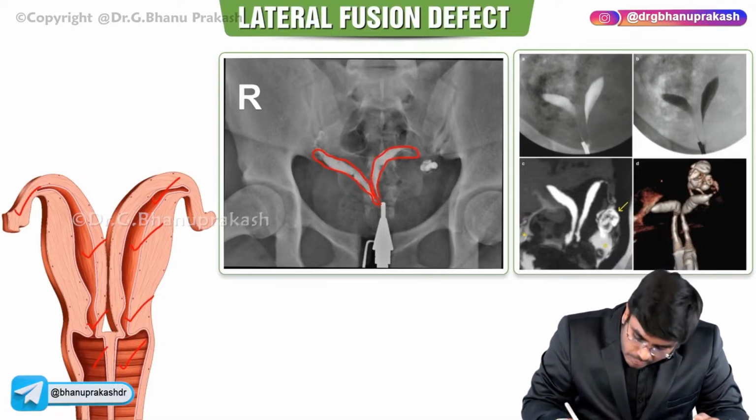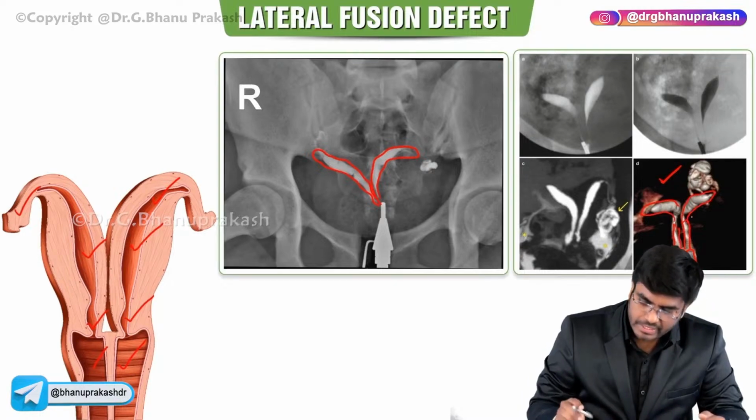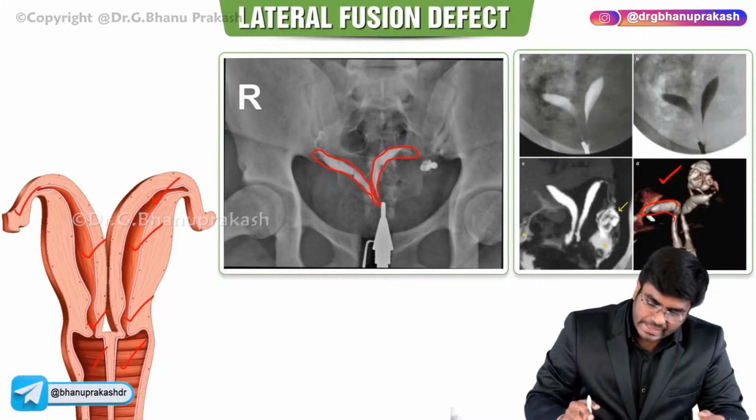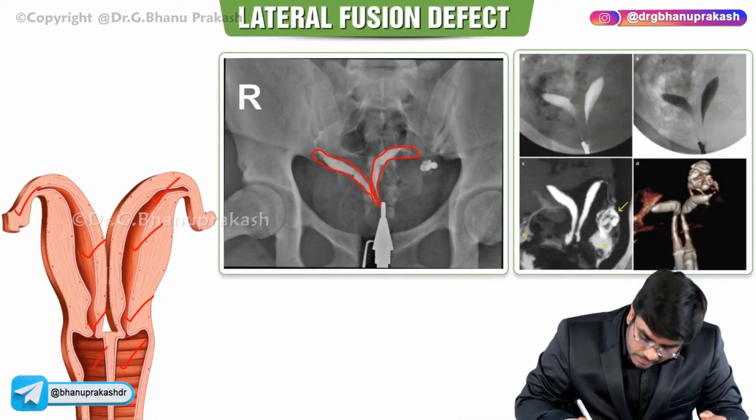And here it's very clear that there are two vagina, two cervix and two uterine cavities. This is a 3D image of the uterus didelphys. And even in the other hysterosalpingography images, you can clearly see all the structures are double in nature.